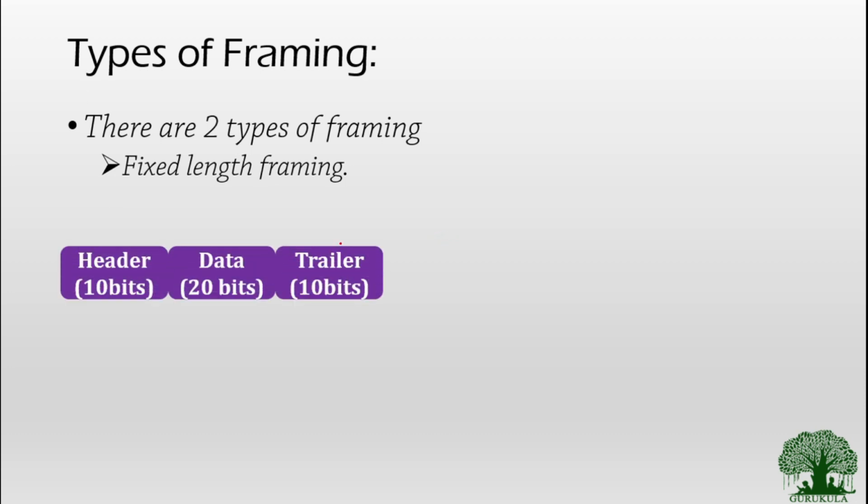In fixed length framing, you can clearly notice that the size of the header, the size of the data, and the size of the trailer are already fixed, which means you can put only 10 bits of information in the header, only 20 bits in the data, and only 10 bits in the trailer, so that the total frame size is 10 plus 20 is 30, and 30 plus 10 is 40.